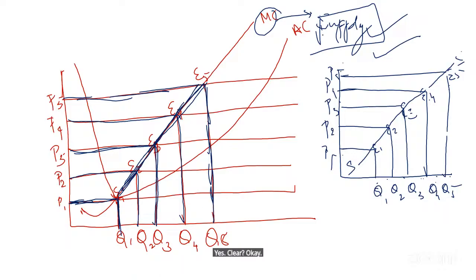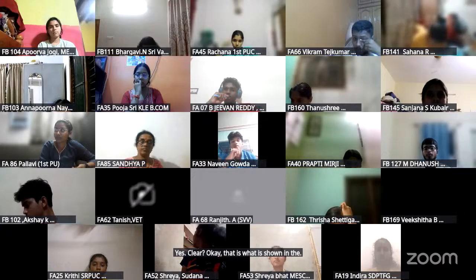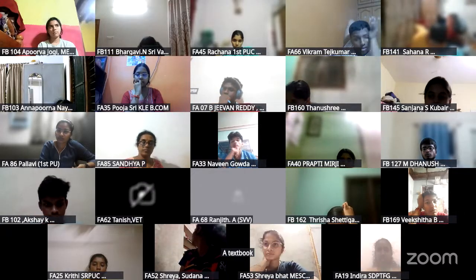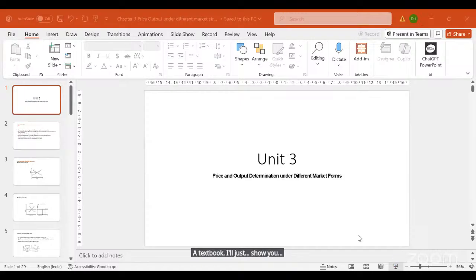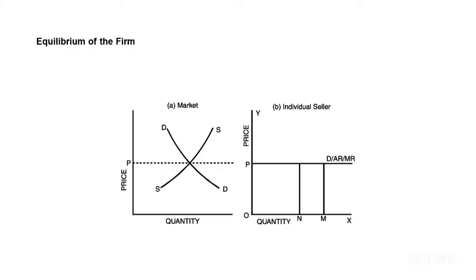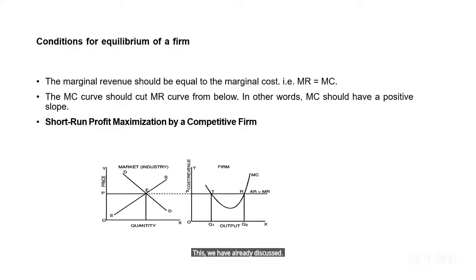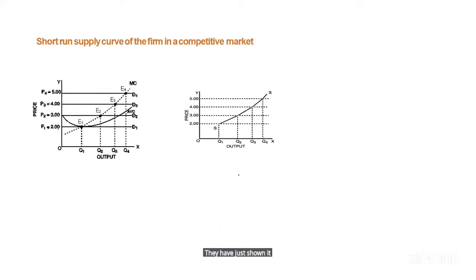Okay, that is what is shown in the textbook. I'll just show you. This we have already discussed. This is the profit maximization. They have just shown it in one equilibrium point.